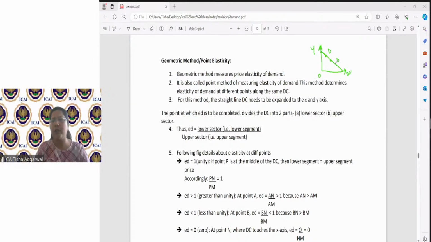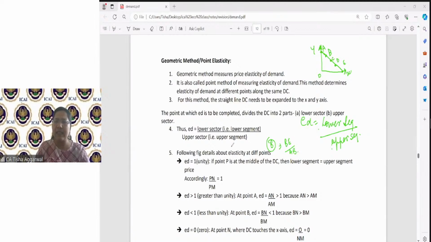At any point where you want to compute the elasticity of demand, you can always use the formula lower segment upon the upper segment. That means if I want to look at this point, I'll mark it A, B, C, D, and E. The lower segment at point B is BE upon the upper segment AB.